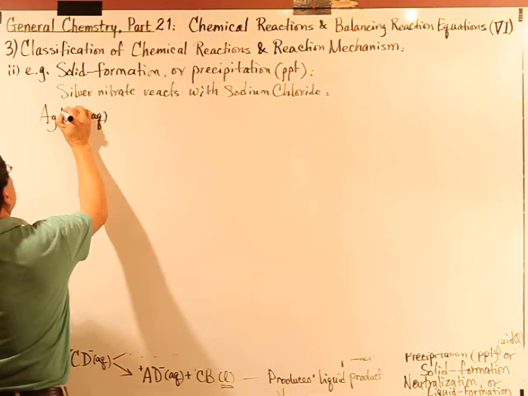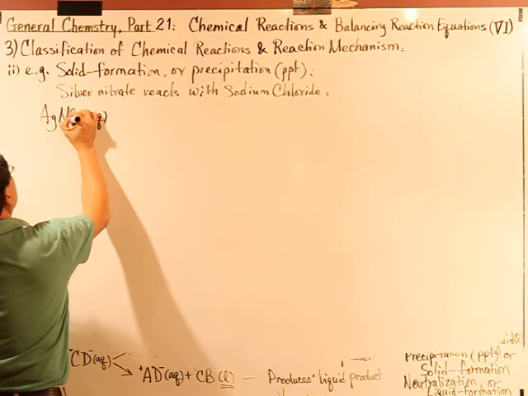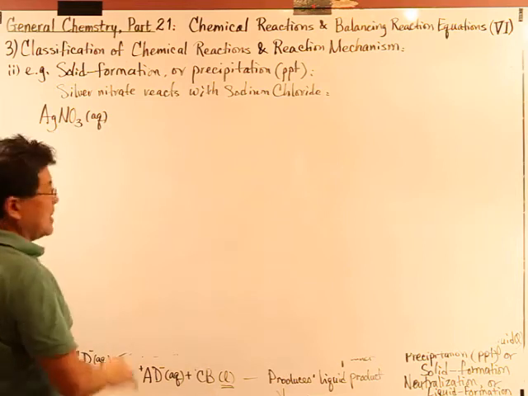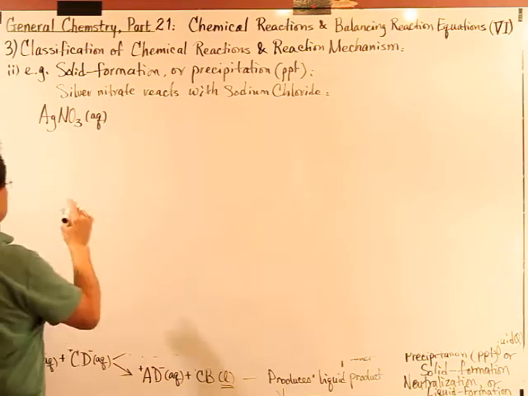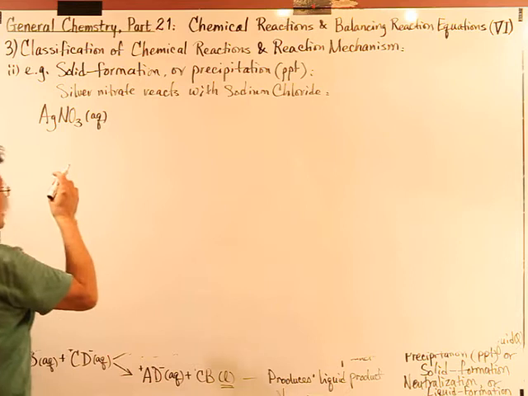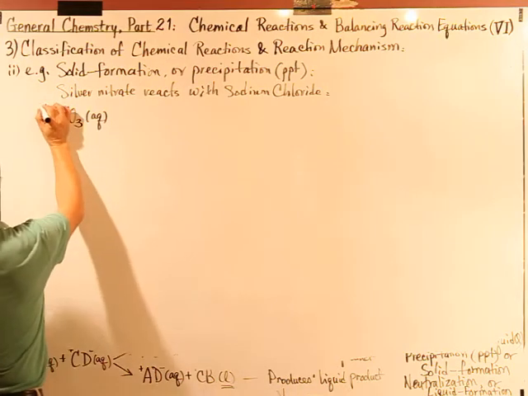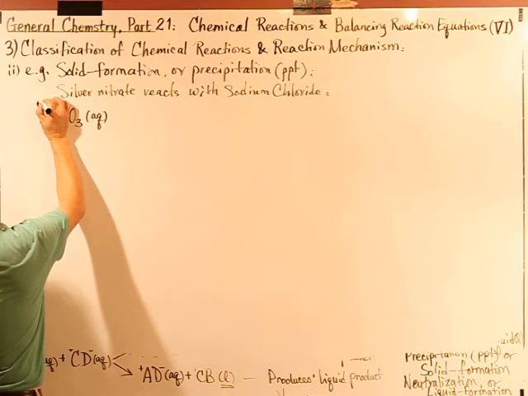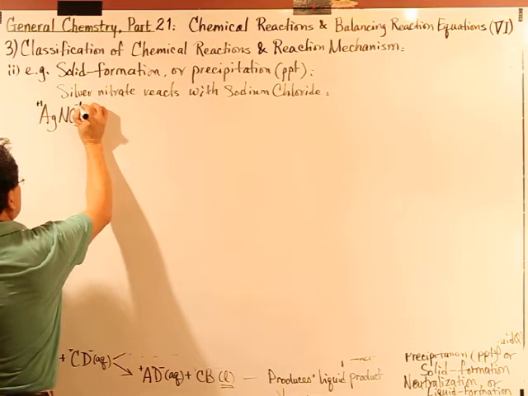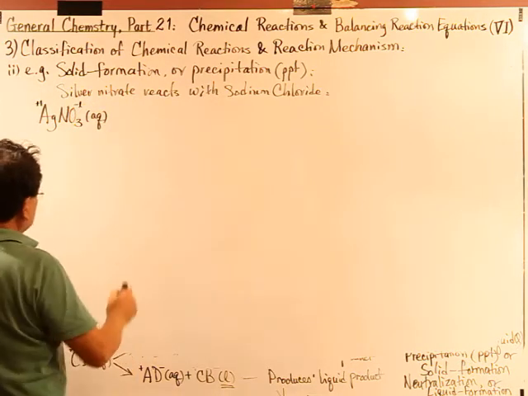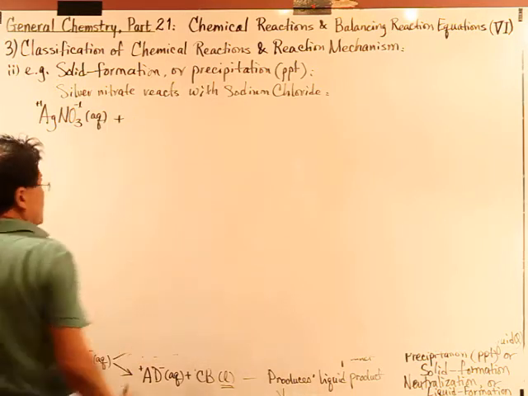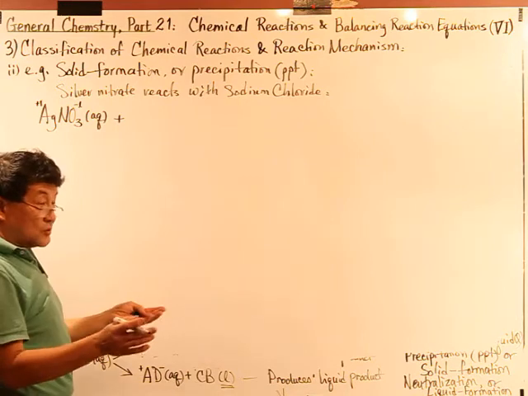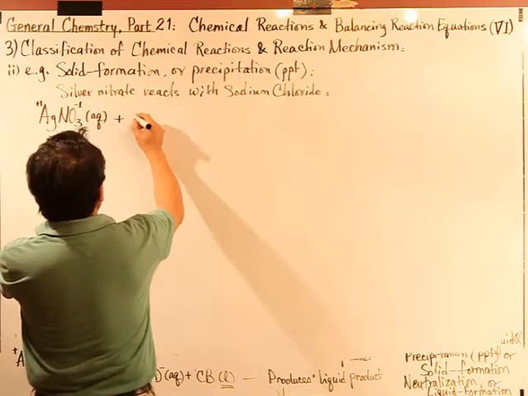It's a strong electrolyte and it will dissociate in water-based aqueous solvent, becoming the silver cation 1+ and the nitrate anion 1-. For the oxidation state, this is +1, this is -1. Then you react it with another, a saline solution, NaCl, everybody knows that.